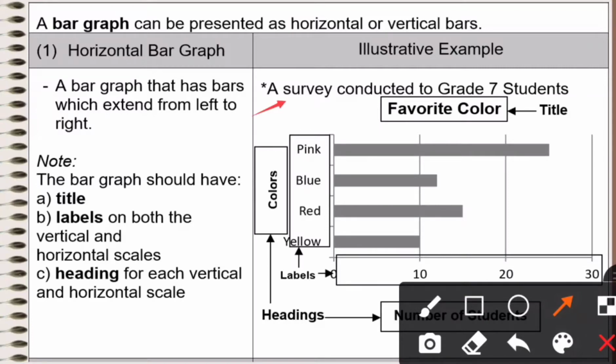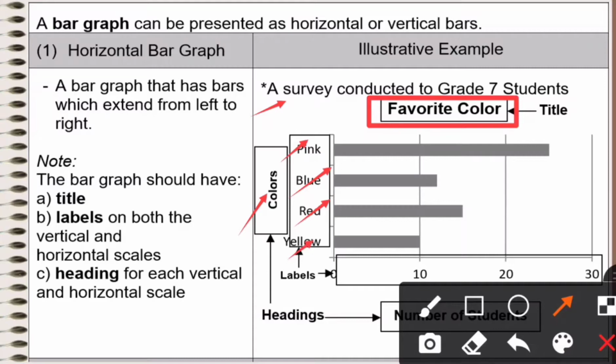Kanina, we have the title, which is the survey conducted to grade 7 students, their favorite color. That is the title of your bar graph. Then we have here the colors. What are those colors? The pink, blue, red, and yellow.